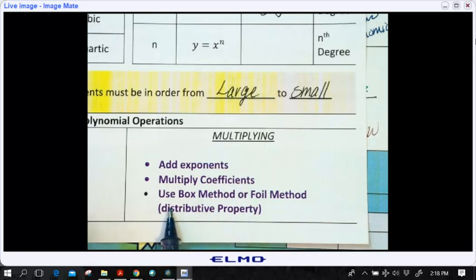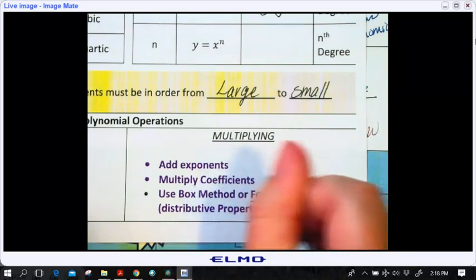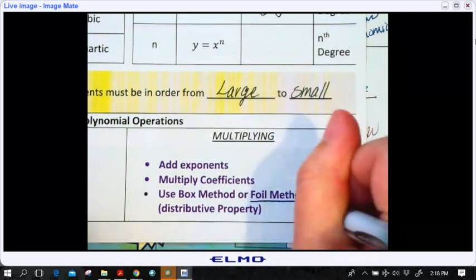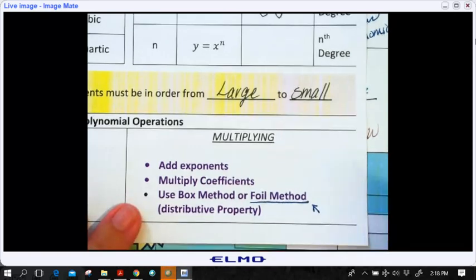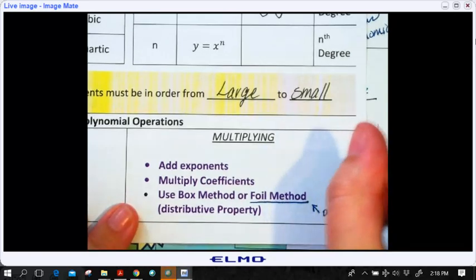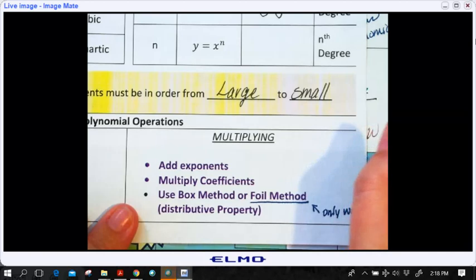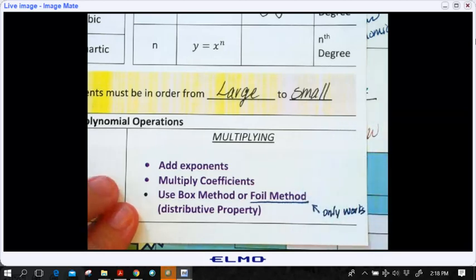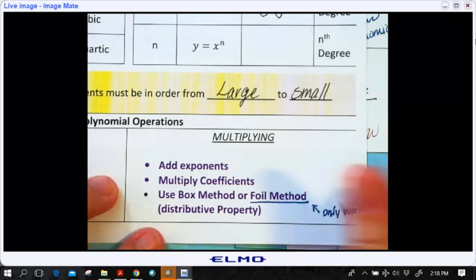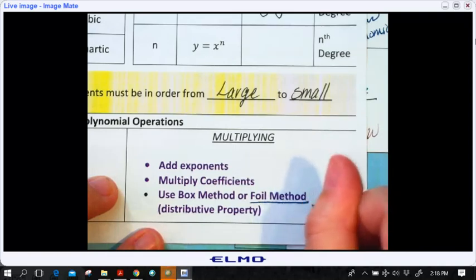So now let's review either our box method or our FOIL method. Now, when you refer to this as FOIL method, I want you to make a note that this only works using that acronym FOIL with two binomials.